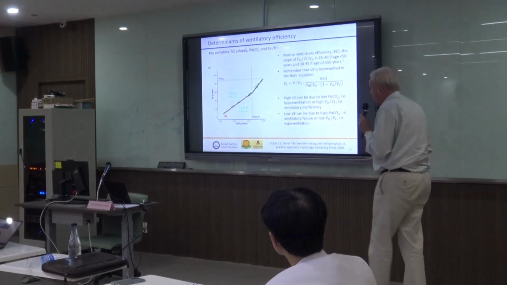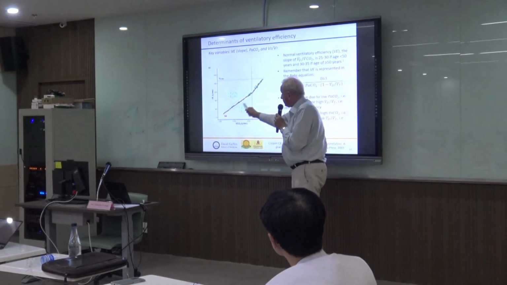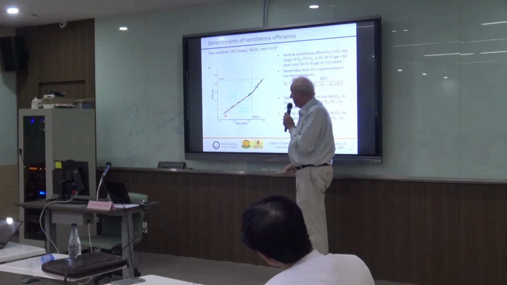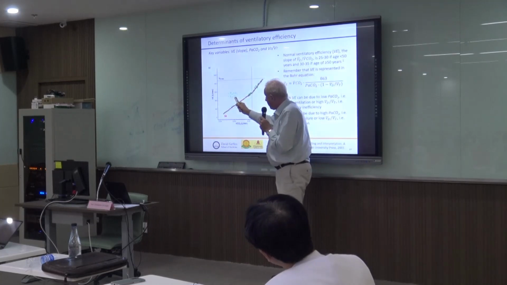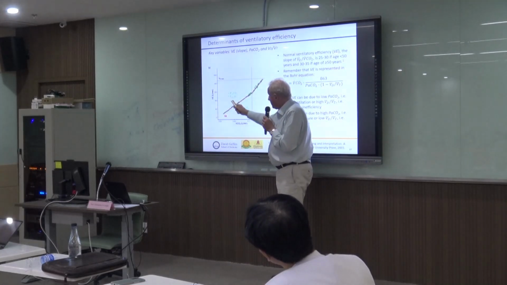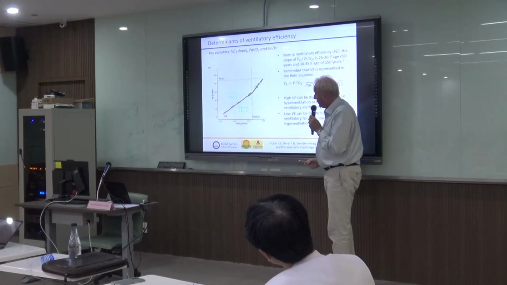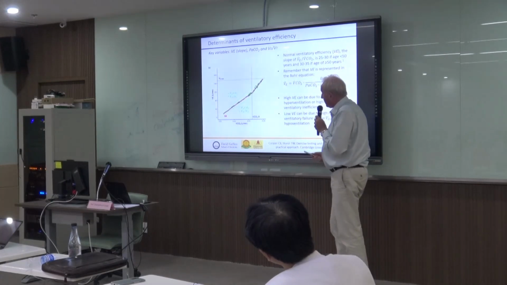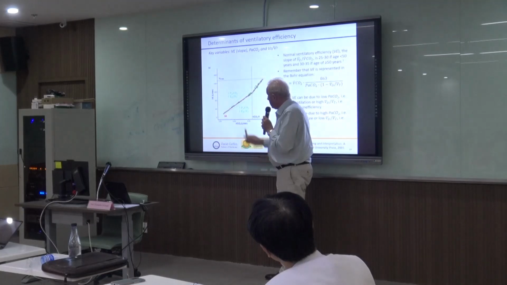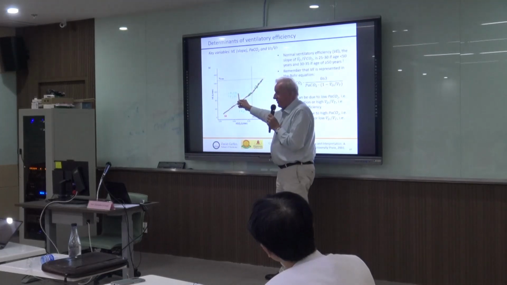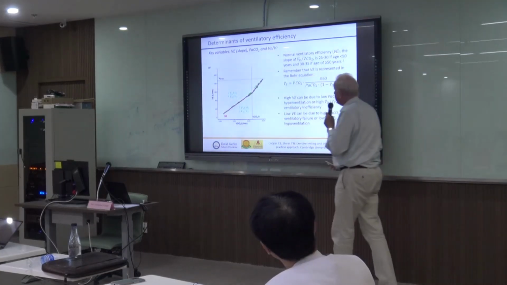Ventilatory efficiency I talked about earlier, this lower slope. It has two factors that influence it. From the Bohr equation, one is the PaCO2 and one is the VD/VT, and we talked about that earlier. But things that increase the steepness of this response are low PaCO2 and a high VD/VT.